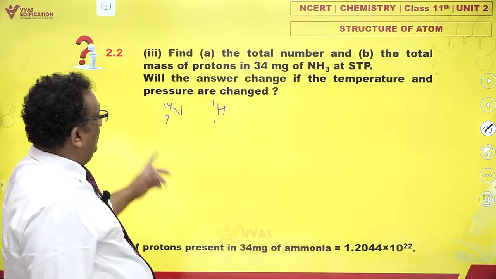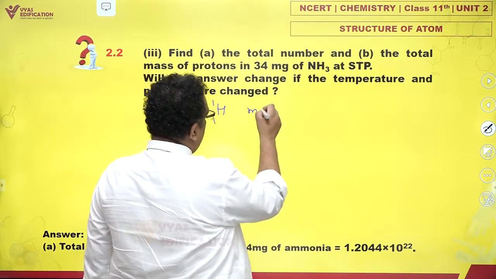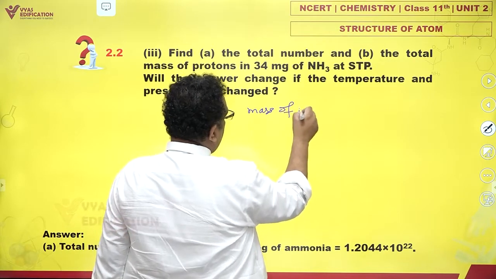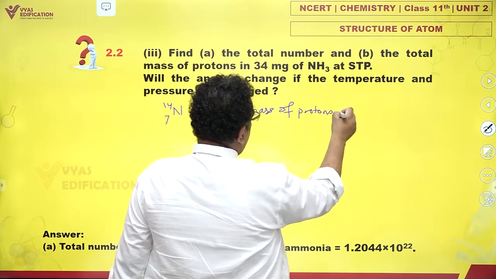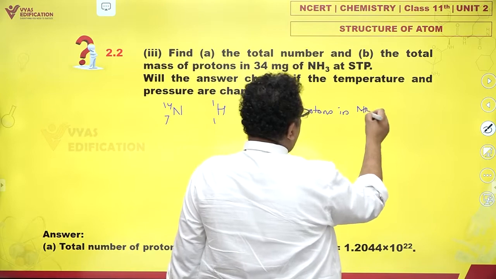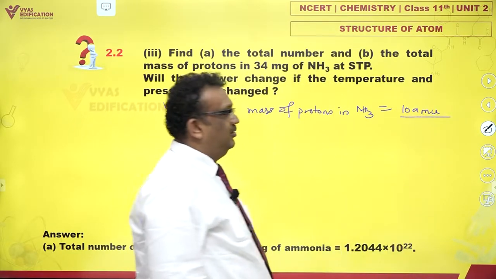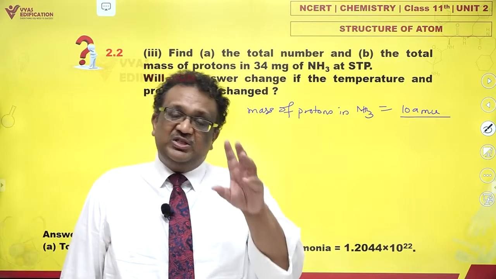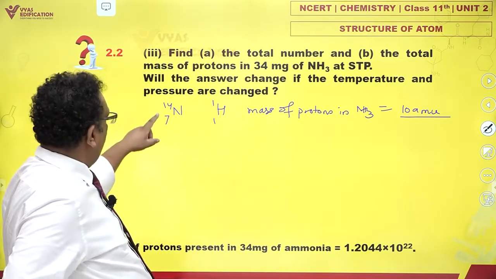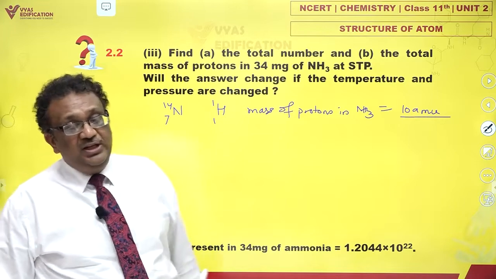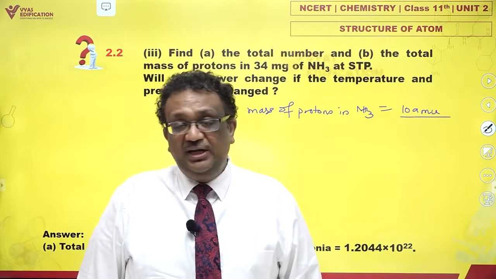So, mass of protons in one molecule of ammonia is 10 AMU. Why? 7 AMU is the mass of protons in nitrogen, 1 AMU in each hydrogen. There are 3 hydrogens, so 7 plus 3, 10 AMU.